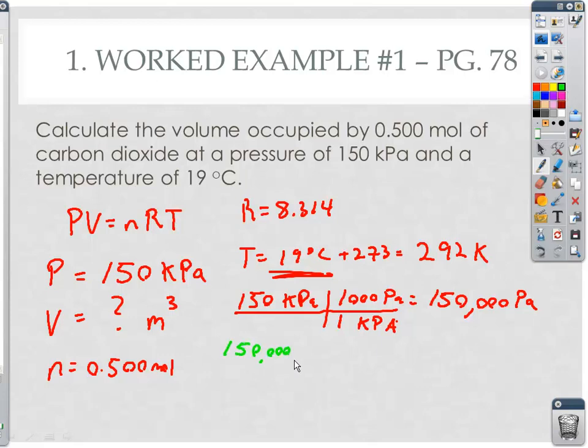So, plug and chug. P is 150,000. Looking for V. n is half a mole. R is 8.314. T is 292.